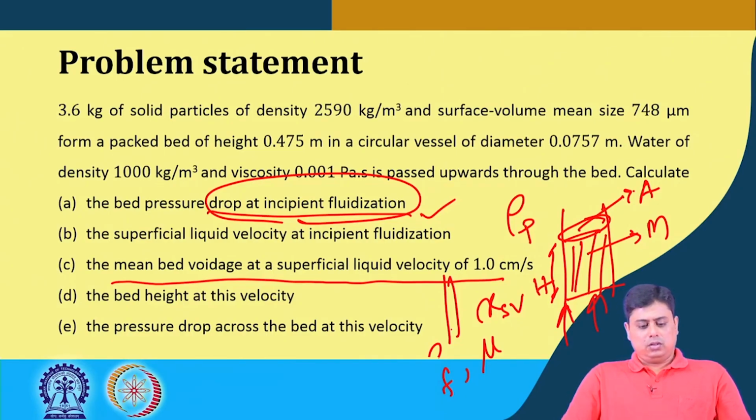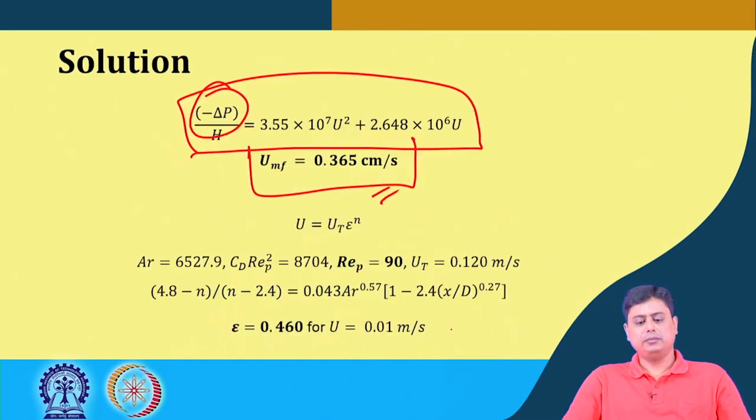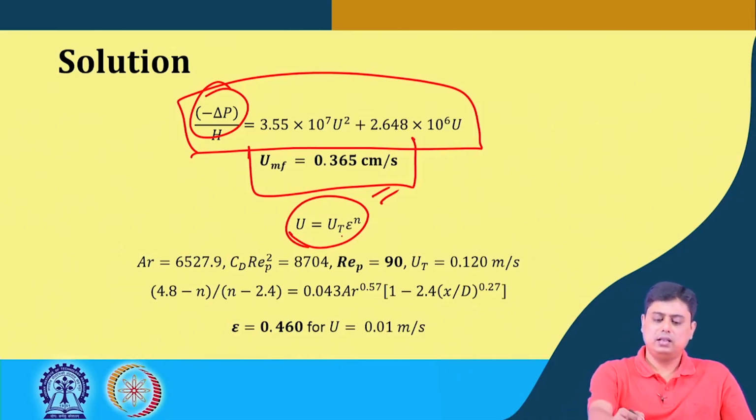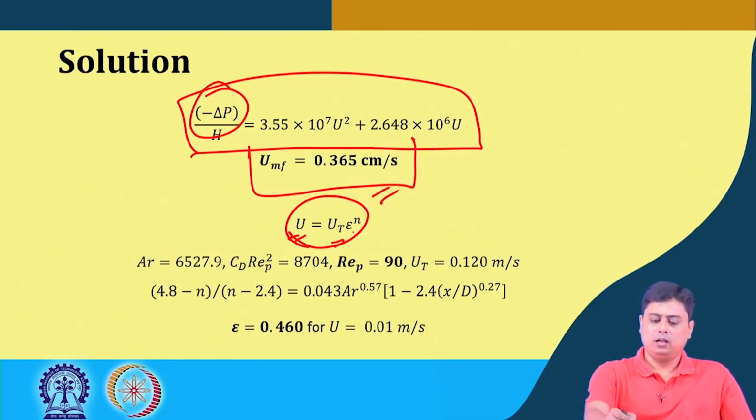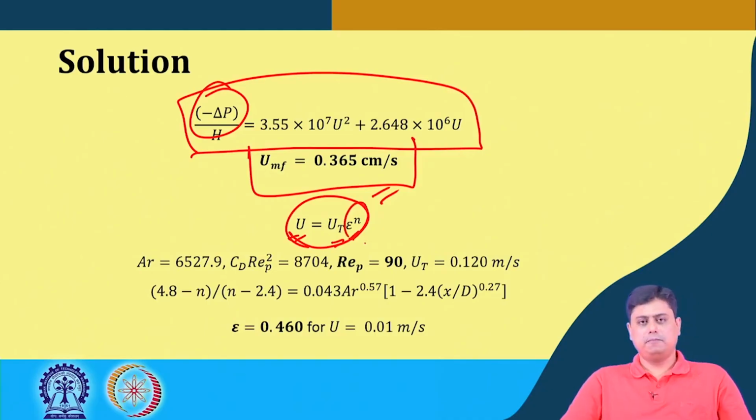Fine. So, first of all, to know the mean bed voidage at superficial liquid velocity of 1 centimeter per second, we can use the Richardson-Zaki expression: U equals UT, the terminal velocity of a single particle, multiplied by the voidage to the power n.